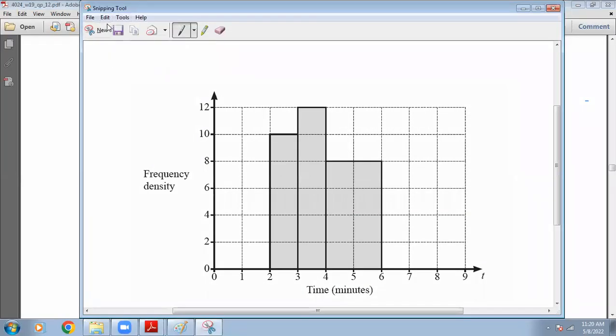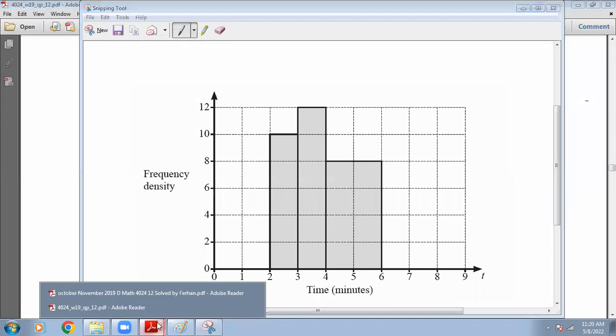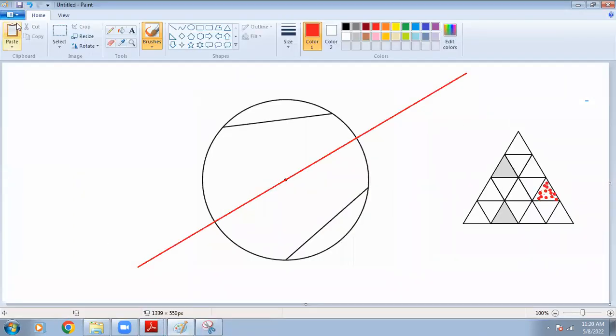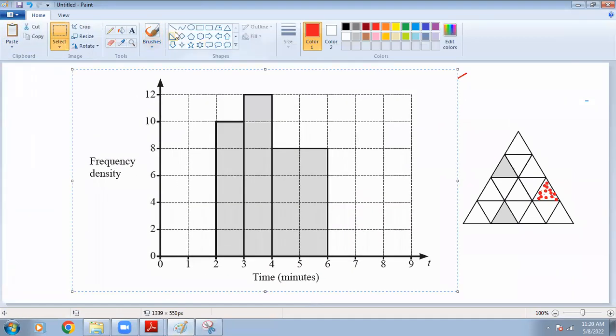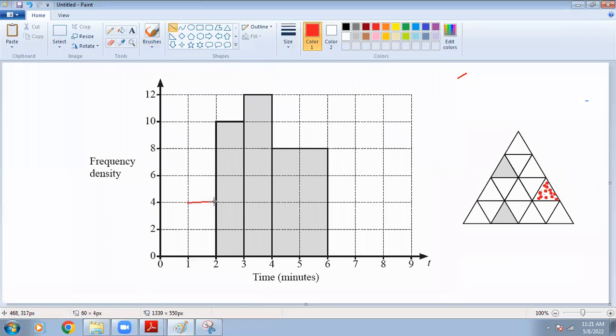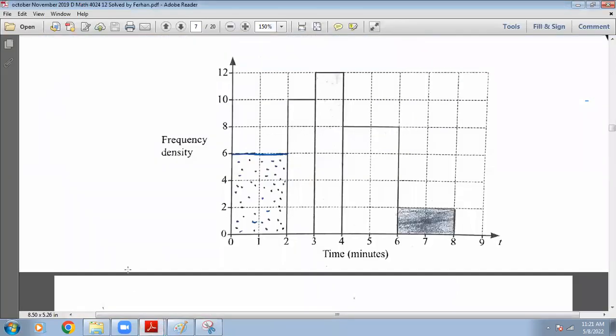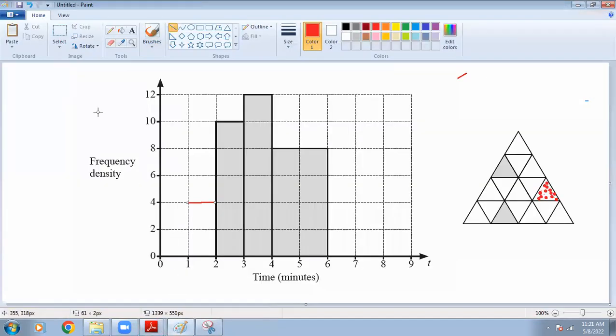So let me copy from here and take it to Paint. This is supposed to be here. Let me check how much this is. Up to 6. Did I draw up to 6? No. It starts from 1.